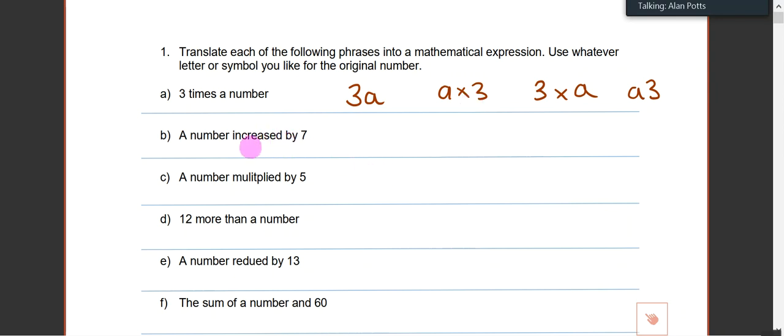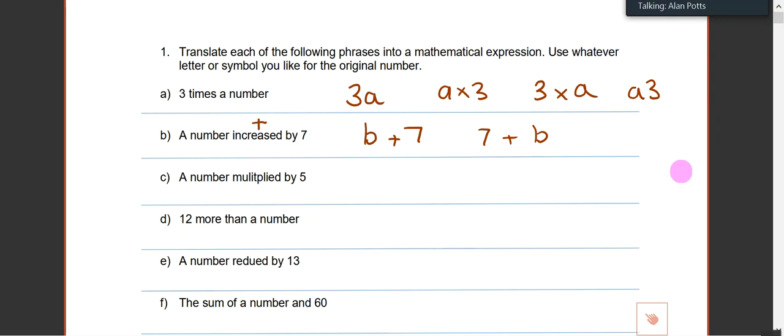A number increased, so increase means to add. So I'm going to have B plus 7, but we all know that B plus 7 and 7 plus B are the same thing. We can do either. Well, 7B means to multiply, doesn't it?